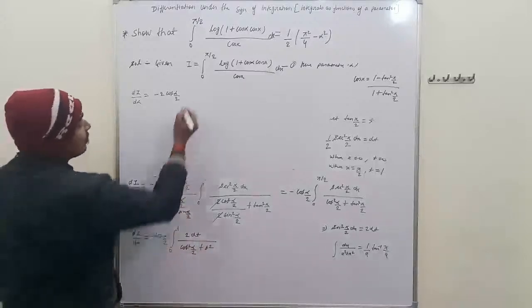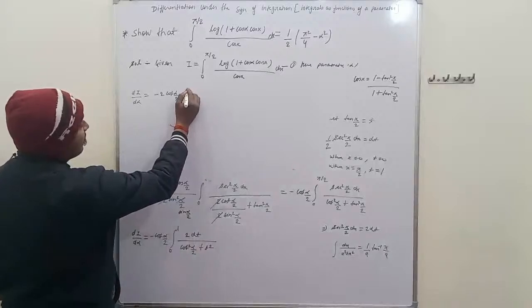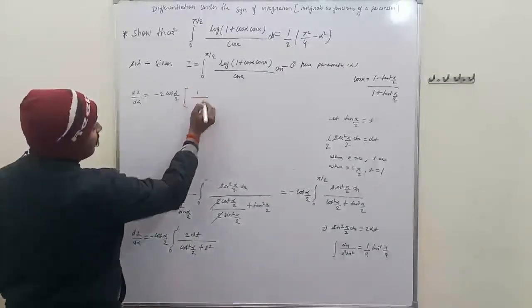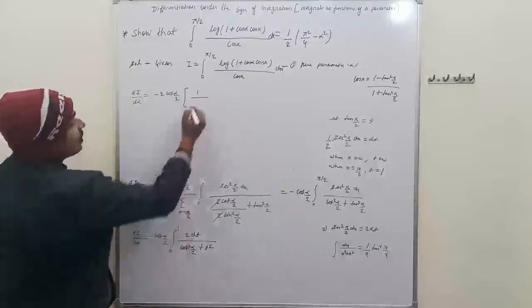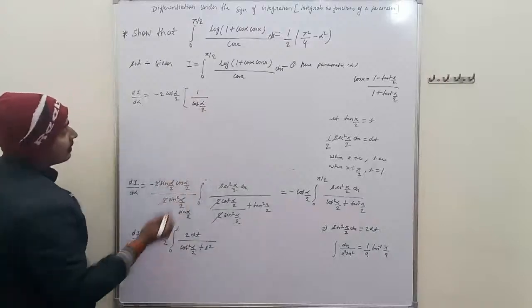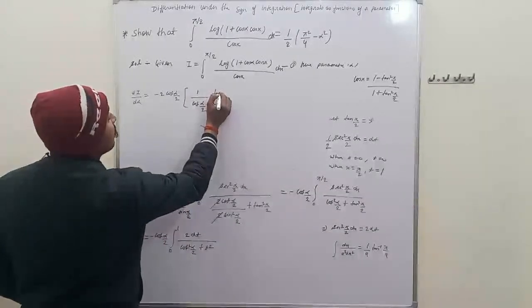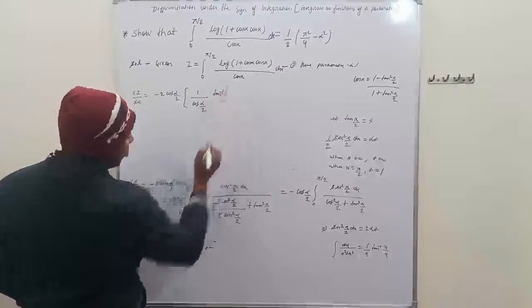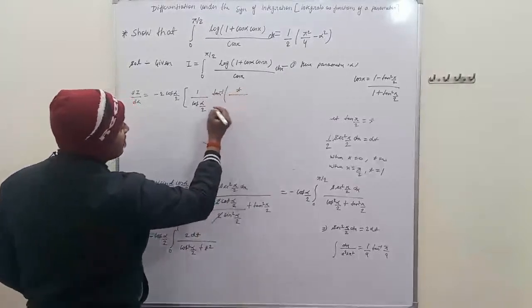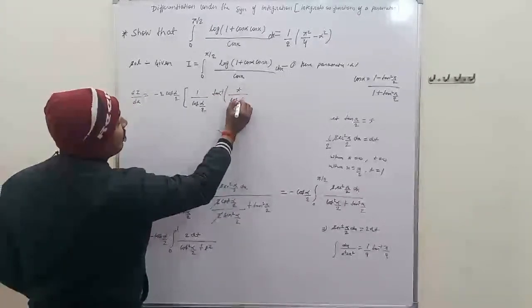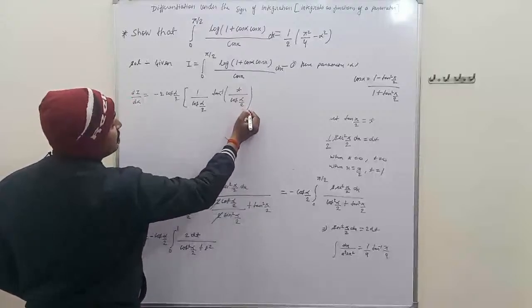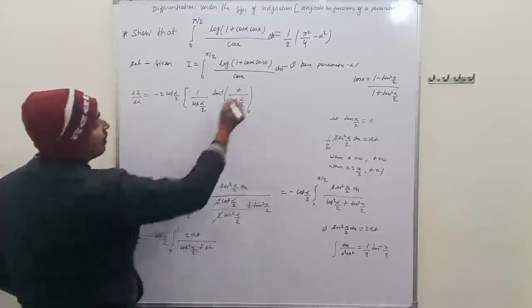Then we write the formula: 1 by a, that is cot alpha by 2, and tan inverse of x by a. Here t is x and a is cot alpha by 2, and the limit is 0 to 1.